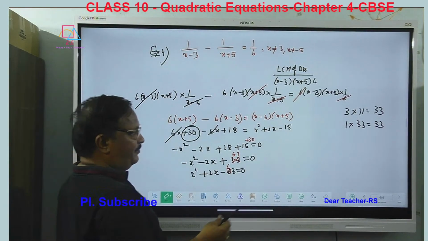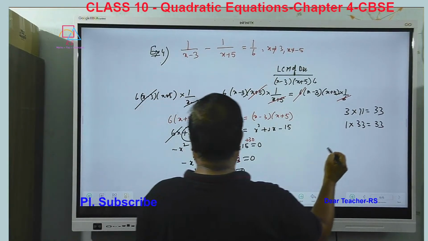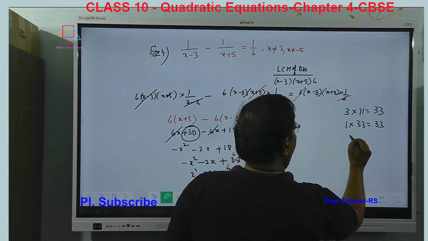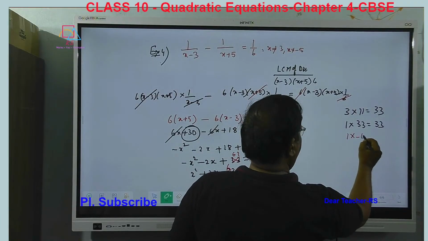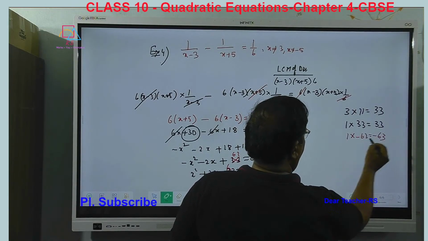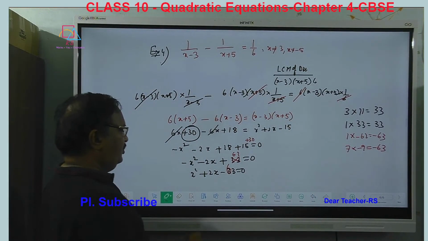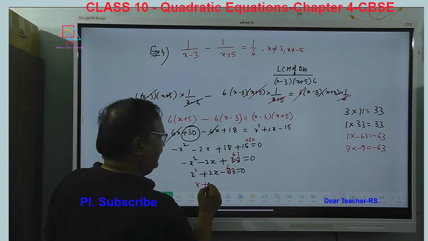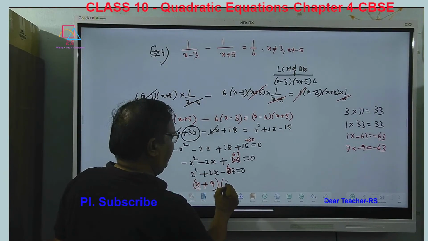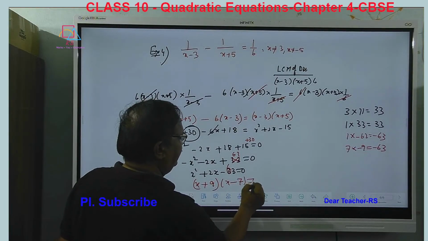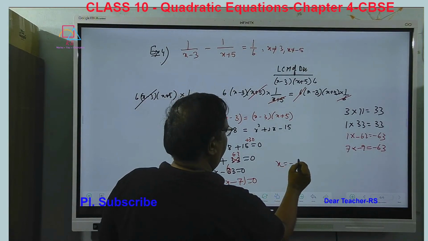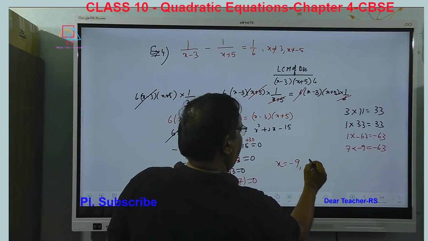Again, 1 into minus 63 is equal to minus 63, and 7 into minus 9 is equal to minus 63. So 9 minus 7 is 2. So I can write directly x plus 9 into x minus 7 is equal to 0. x is equal to minus 9 and plus 7.